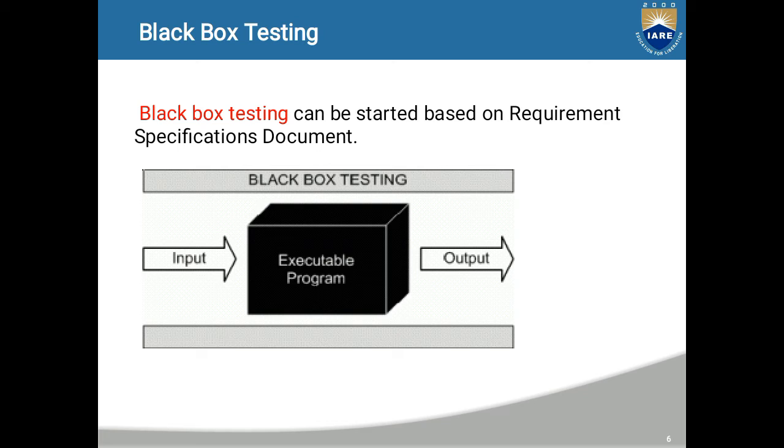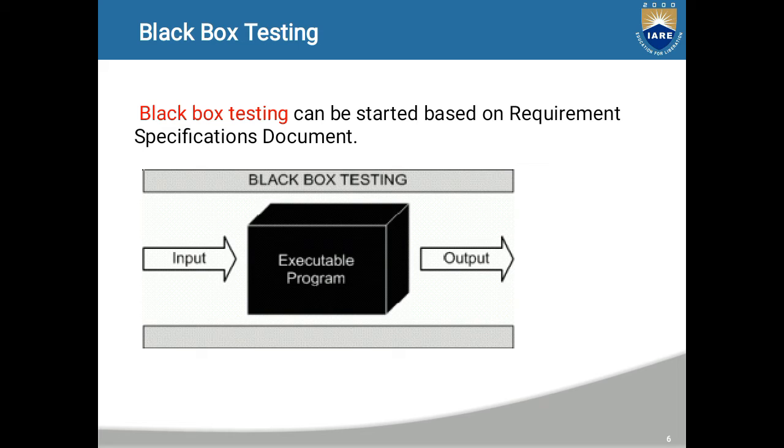Test cases are built around specifications and requirements, that is, what the application is supposed to do. Test cases are generally derived from external descriptions of the software, including specifications, requirements, and design parameters. Although the tests used are primarily functional in nature, non-functional tests may also be used. The test designer selects both valid and invalid inputs and determines the correct output, often with the help of a test oracle or a previous result that is known to be good, without any knowledge of the test object's internal structure.